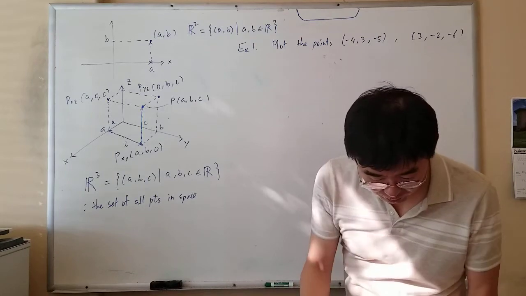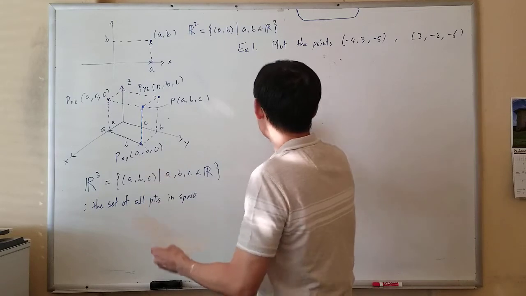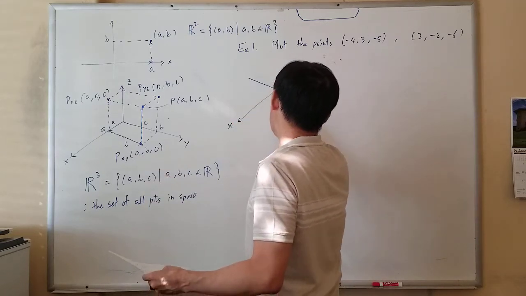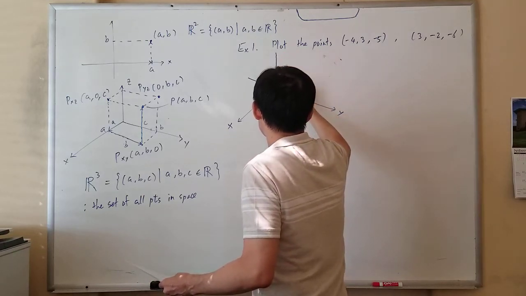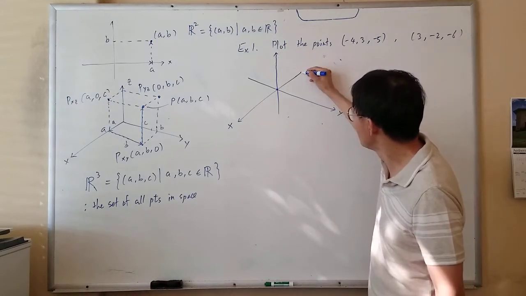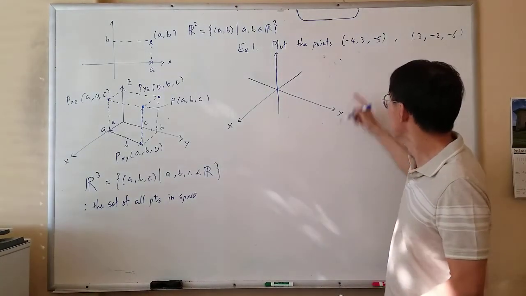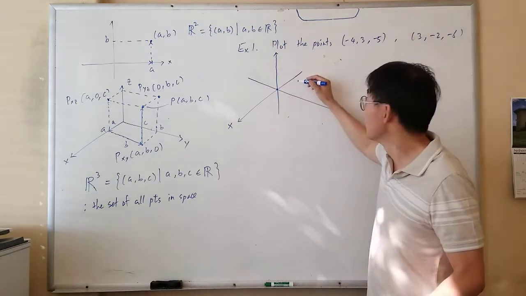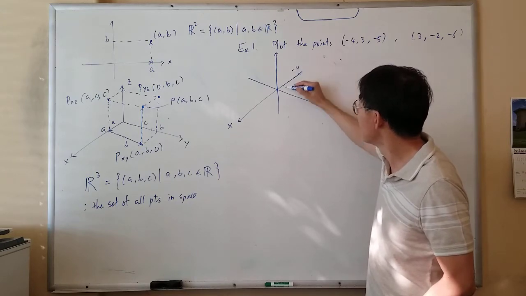Again, we want to draw this with the x-axis going in that direction, the y-axis going in that direction, and the z-axis. This is the origin. We are showing some negative part of the x-axis, and the negative part of the y-axis. X going negative is not going this way, but negative: 1, 2, 3, 4.